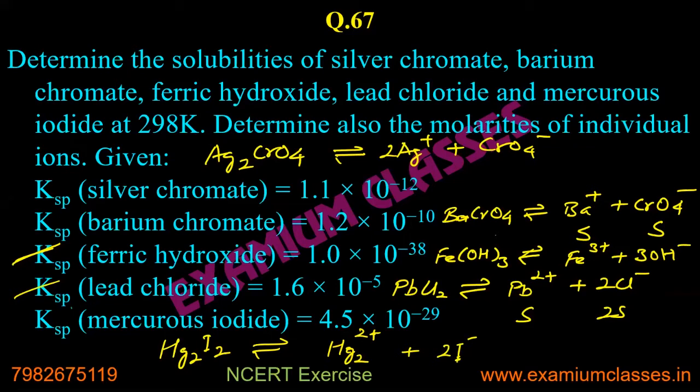So if you consider it as 2Hg+, everything will be wrong, because then you will consider 2S instead of S. So this is Hg2 2+. That's how the ionic form of mercurous is in the solvent. Hence, when ionized, this will be S, this will be 2S. If it would have been 2Hg+, then it would have been 2S here, but it will be only S.